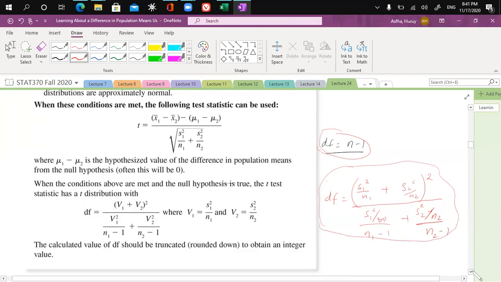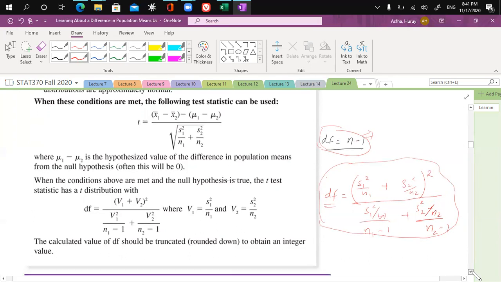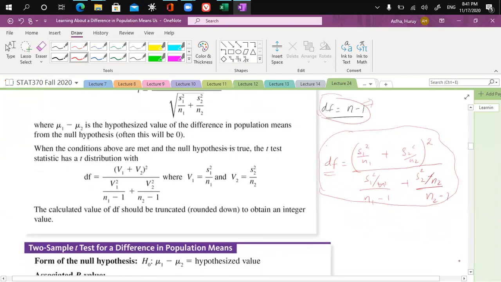Now, with n minus 1, it is always an integer in this case. The degrees of freedom has to be an integer. But here, if we use this formula, there is no guarantee that we get an integer. So what we do is we truncate it, we round it down, okay?